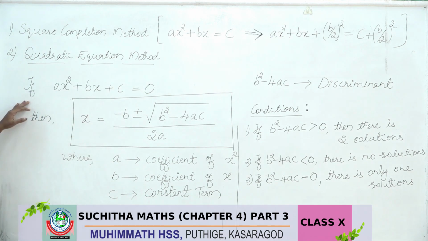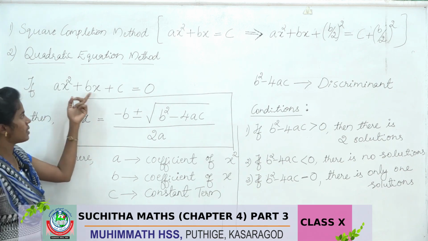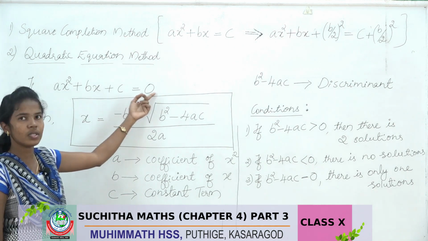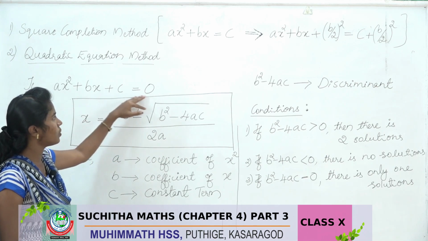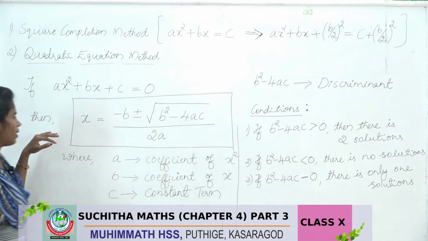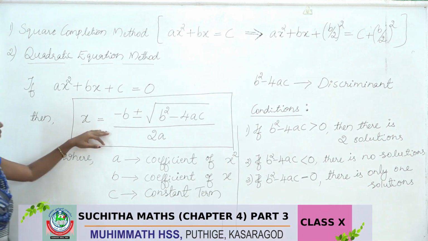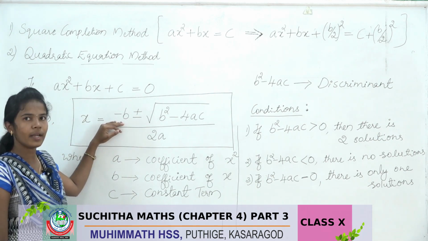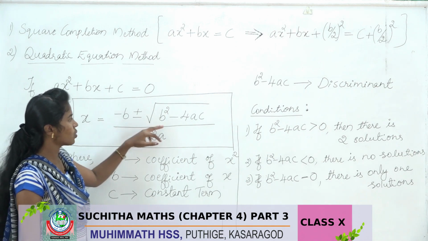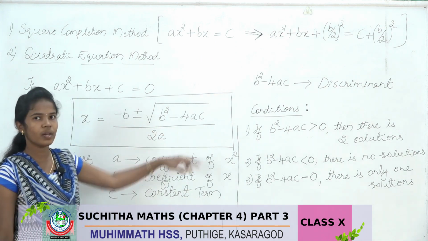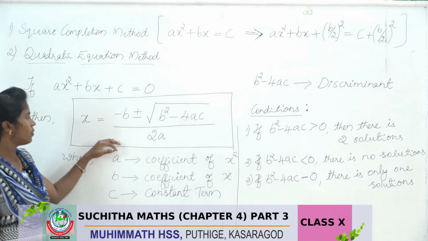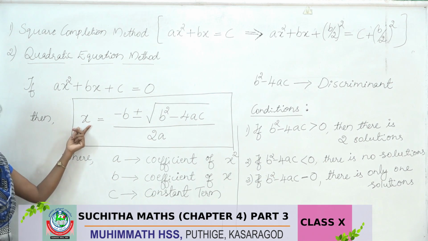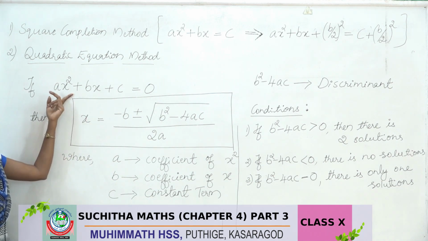So listen, if the second degree equation is in the form ax square plus bx plus c equal to 0, then we have to find the value of x by using the equation x equal to minus b plus or minus square root of b square minus 4ac divided by 2a. It is the important equation to find the value of x of the quadratic equation.